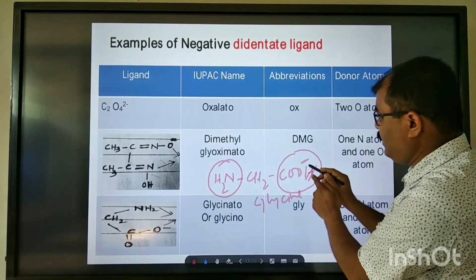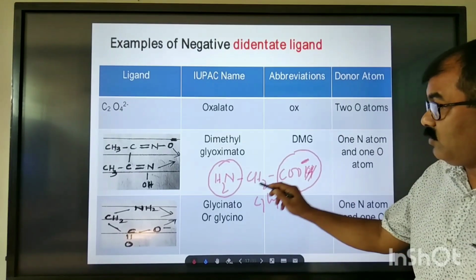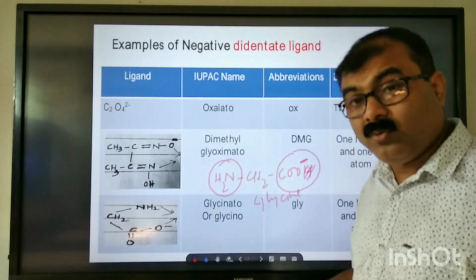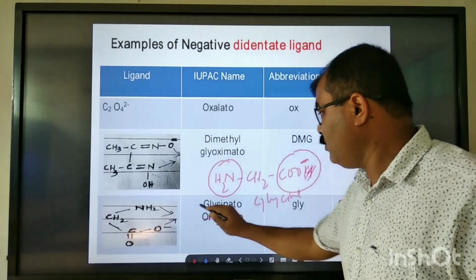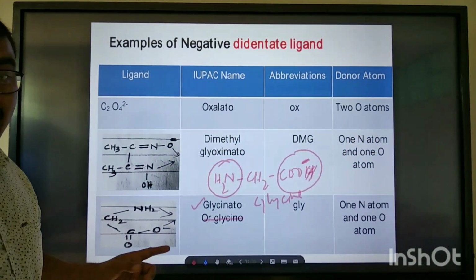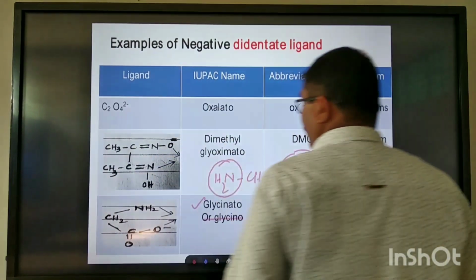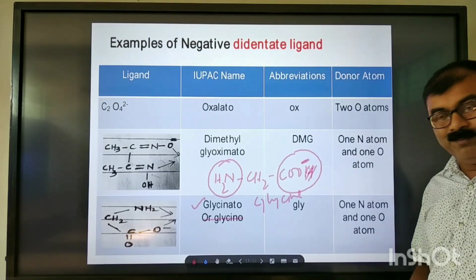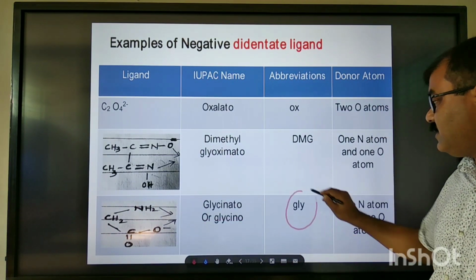Now from glycine, when this hydrogen is replaced, one negative charge will be there, and this is called the glycinate ion. Glycinato is the IUPAC name given in the complex. Glycine is also used in many books, but I would suggest you write glycinato. The abbreviation is gly.